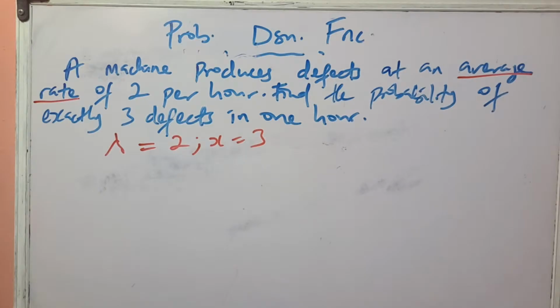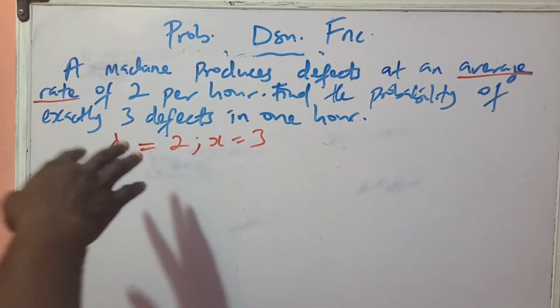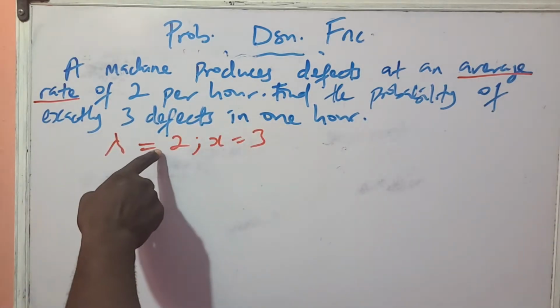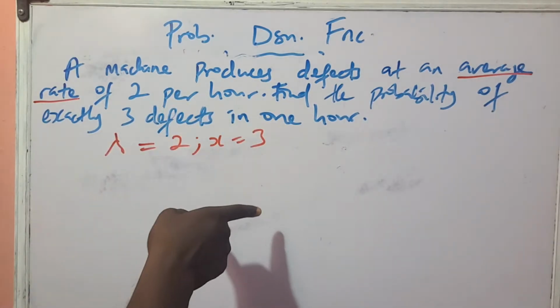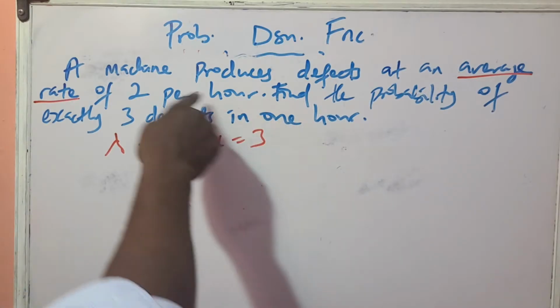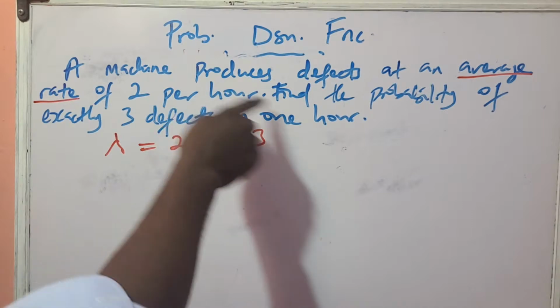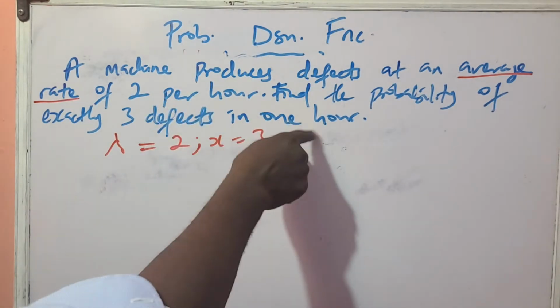All right. So note that, but in this case, you are very lucky. The question was very direct. It said at an average rate of 2 per hour. And the question said 3 defects in 1 hour. So you are good. That's why we're using it directly. If it was in 2 hours, we would have multiplied our lambda by 2, because we cannot use the per hour average rate for 2 hours, because the average rate will change.